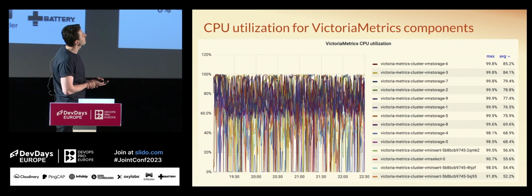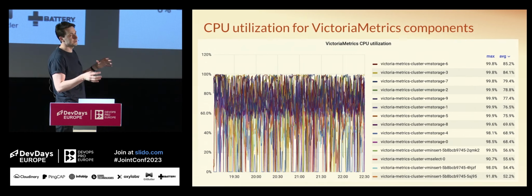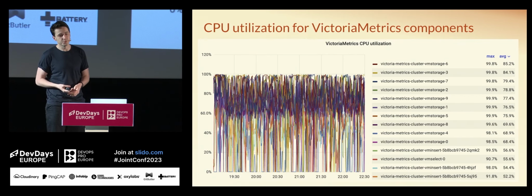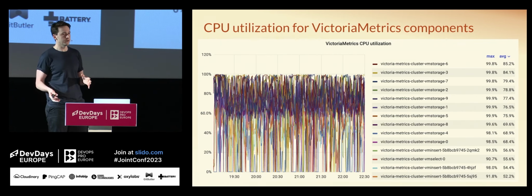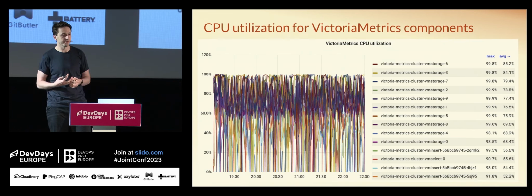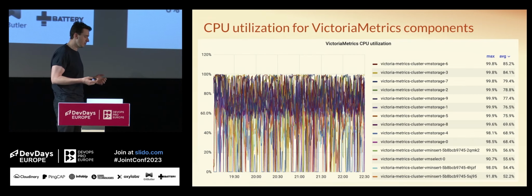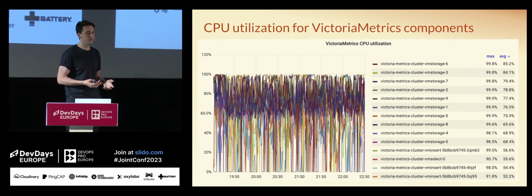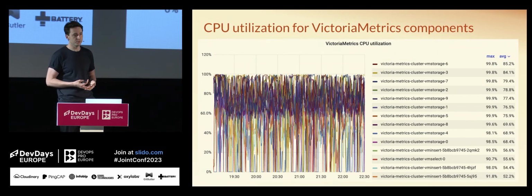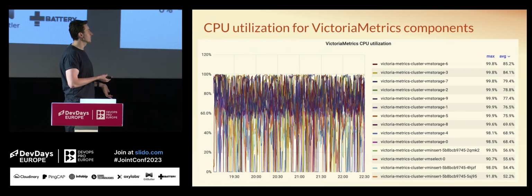And here we started to hit the ceiling in terms of CPU. Most of the CPU was used by VM storages, because the storage layer is responsible for both read and write loads, and also for compressing in the background. So if you want to scale VictoriaMetrics cluster, you would like to add more resources to the storages, or just scale it horizontally.